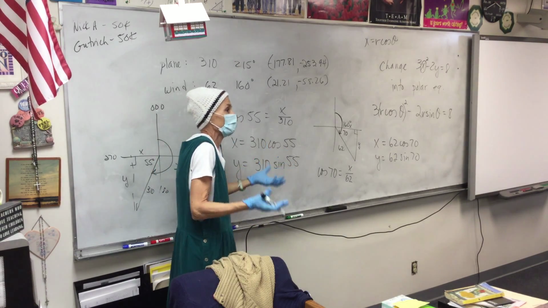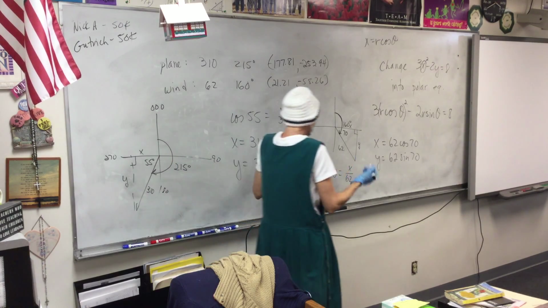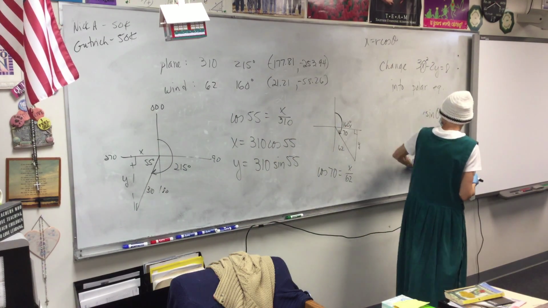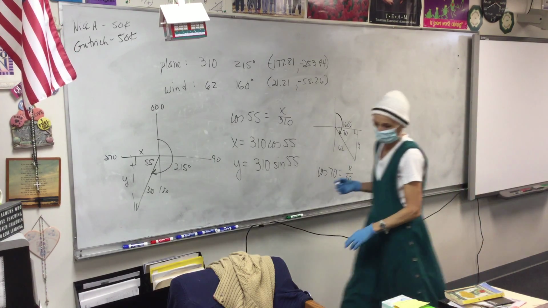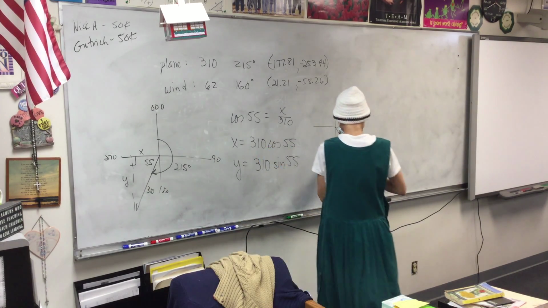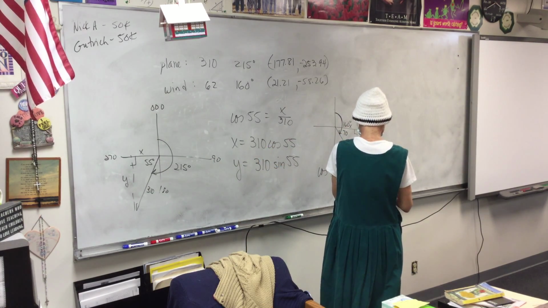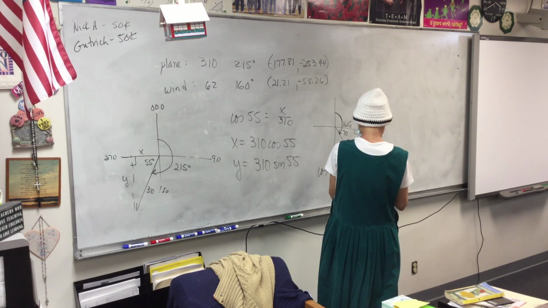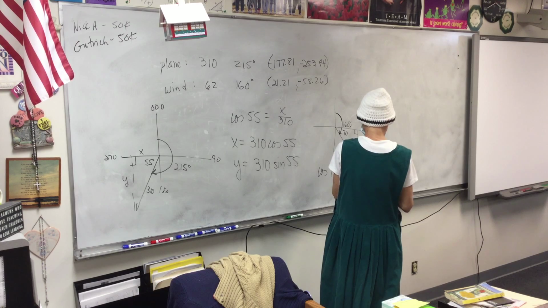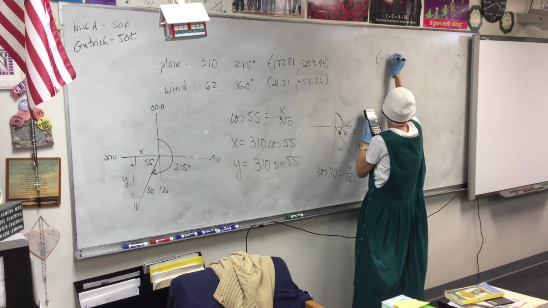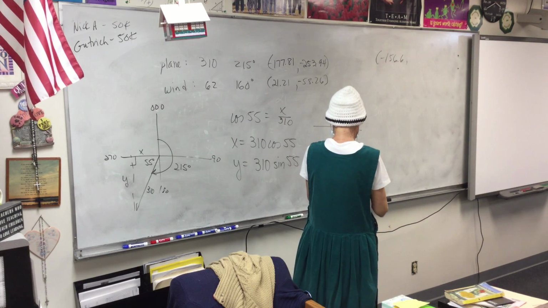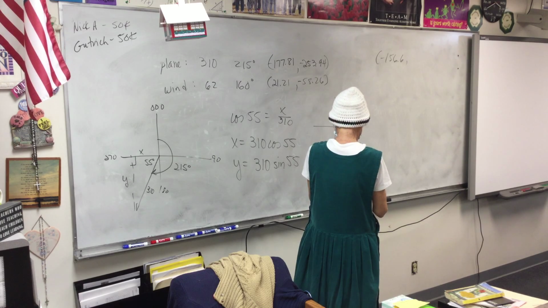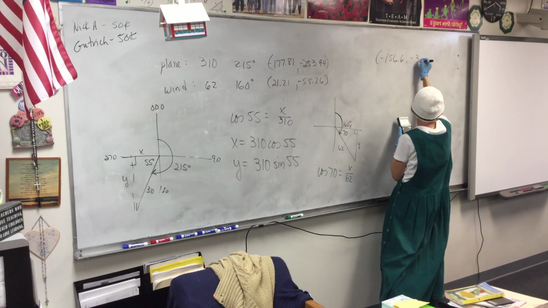What happens when I put these two forces together? So when I put the two forces together, the actual components of the plane are negative 156.6 and negative 312.2.